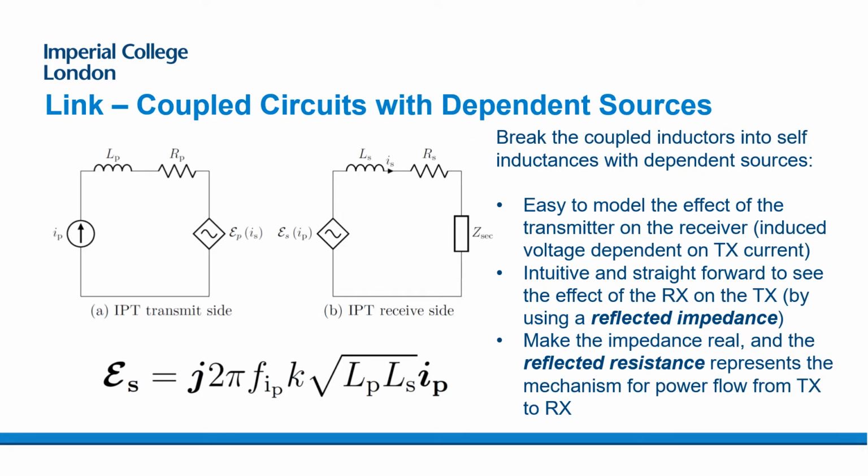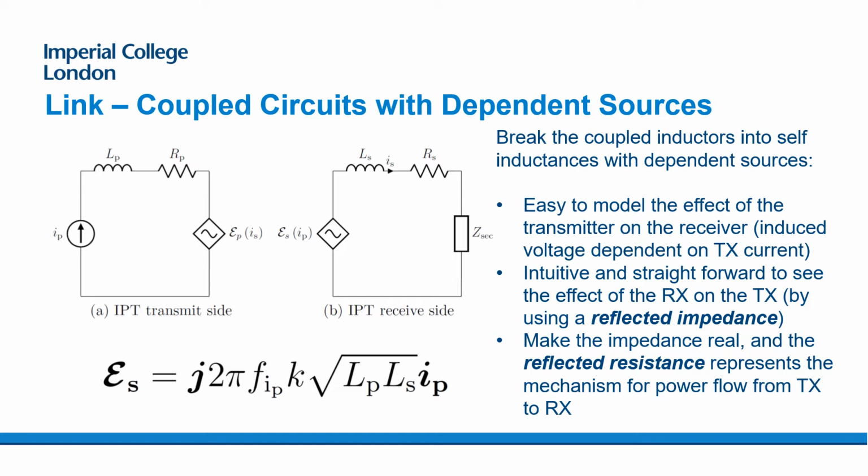What we then can say is that we split the voltage across the primary and secondary inductances into the voltage across the self-inductance plus an induced voltage which comes from the current in the other side of the link. In other words, if a current flows in the secondary, the magnetic field created by that current couples back into the primary coil and generates a voltage in the primary coil.